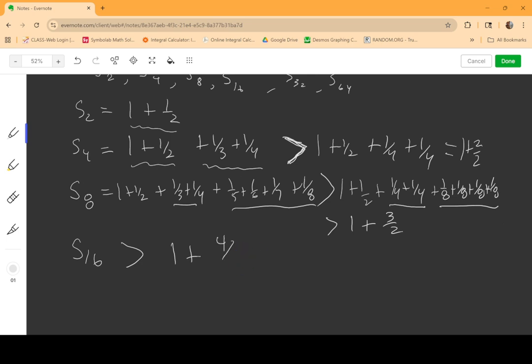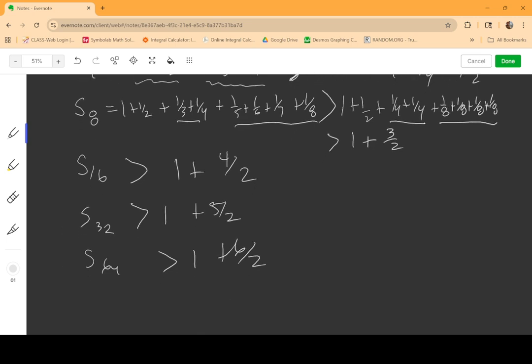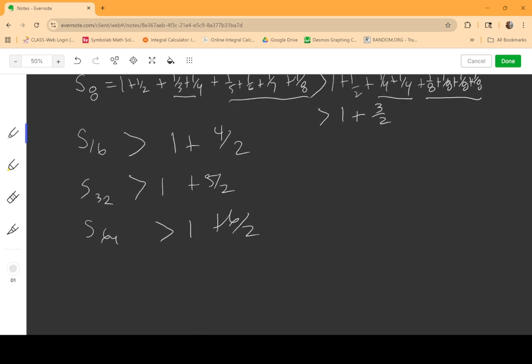That's 4/2. When I check in at S32 using the same process, I add 5/2, and then the same thing for 64. This is going to be bigger than 1 plus 6/2. So I'm establishing that this sum is getting bigger at each step of the way.